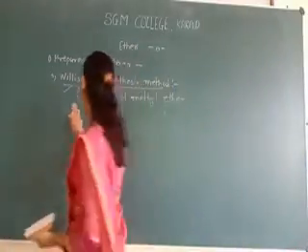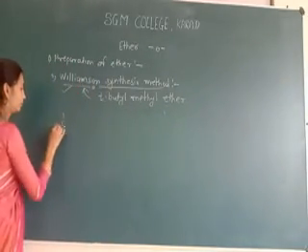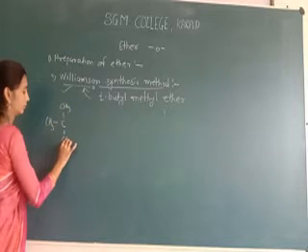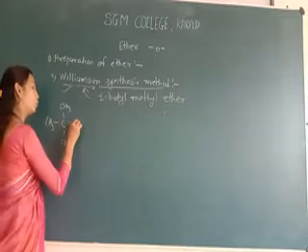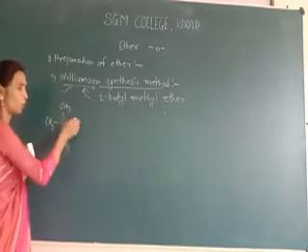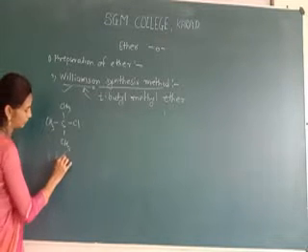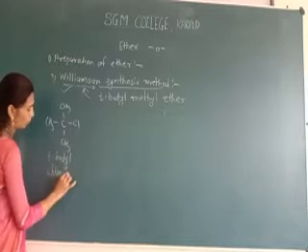We write the reaction, then you will be clear. Here we are taking tertiary butyl chloride or bromide, we write here. Tertiary butyl chloride.